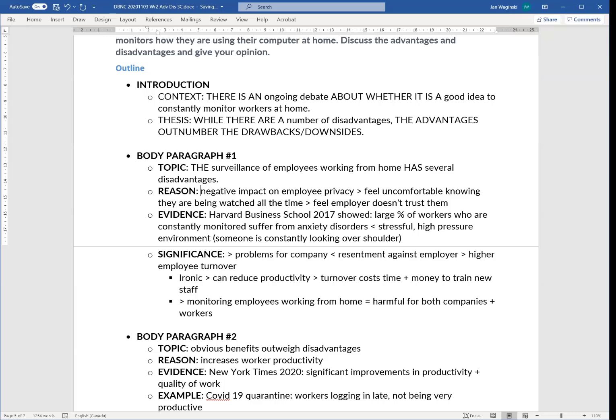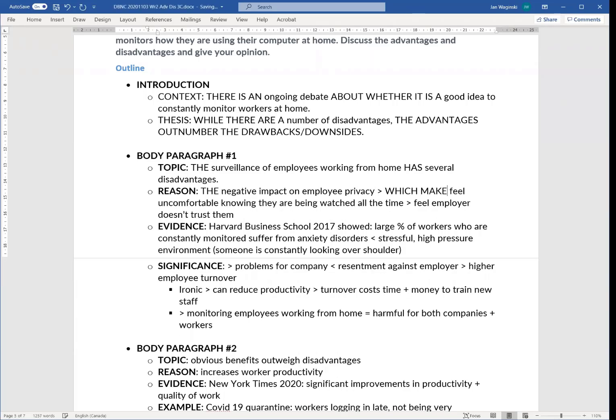Reasons. Okay. The negative impacts, we can say, on employee privacy, which make the employees feel uncomfortable, knowing they are being watched all the time.